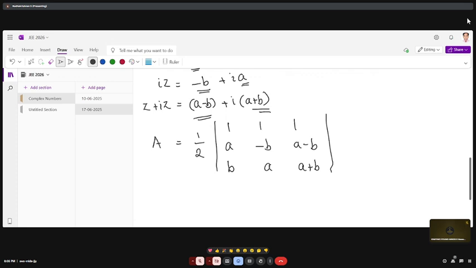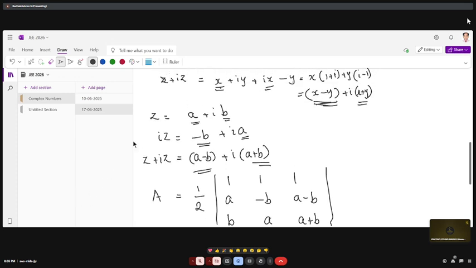Oh, okay. For the area of triangle, see, any complex number can be represented as a point in the Argand plane, right? So this will be a comma b. This z is your one point, which is a comma b.